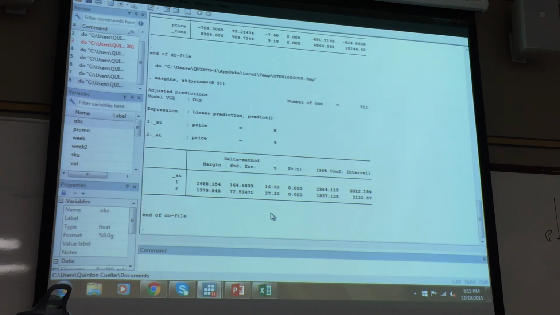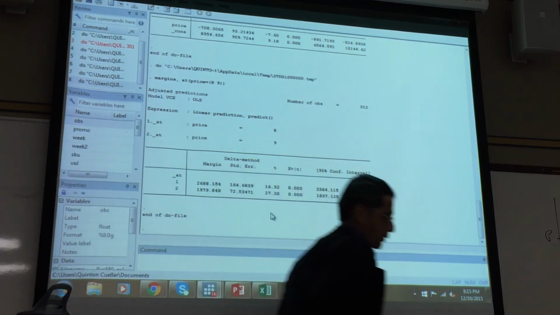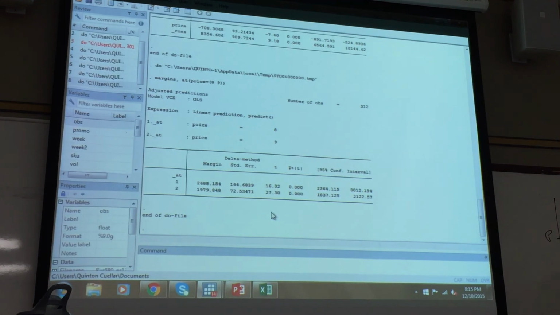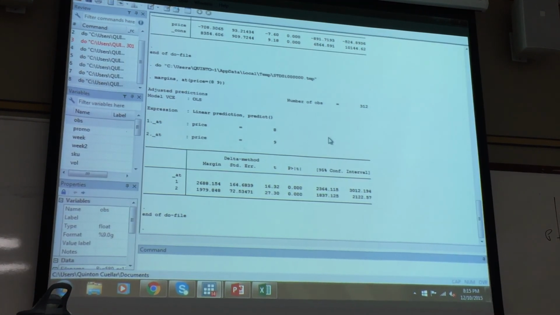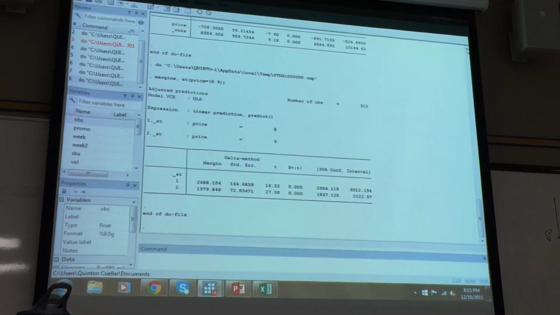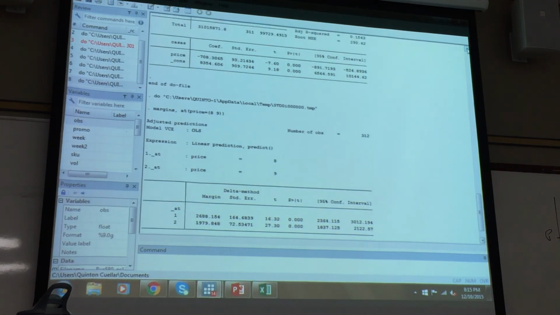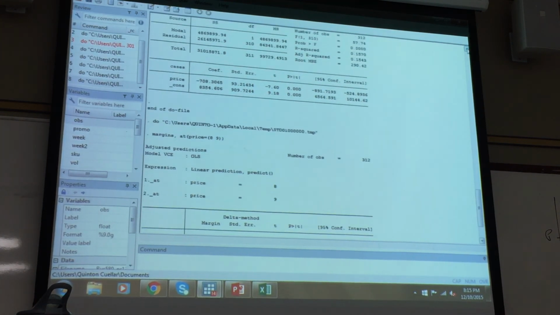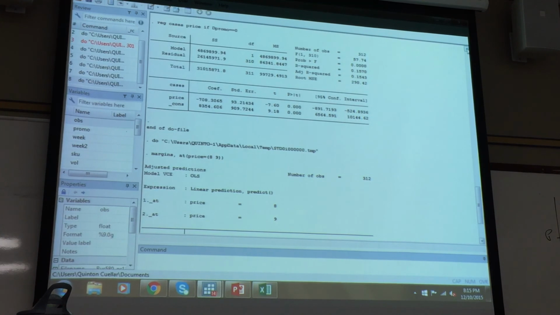And let's see, scroll down one second. Scroll up one second. This is the non-promoted demand. You can tell because it says D promo equals 0.